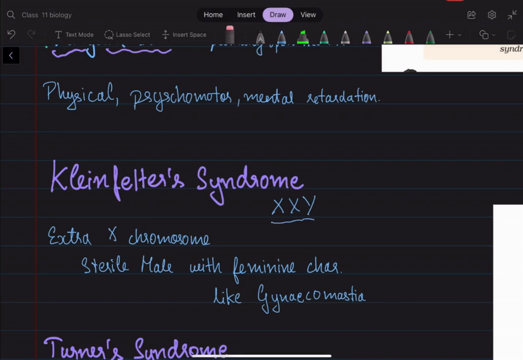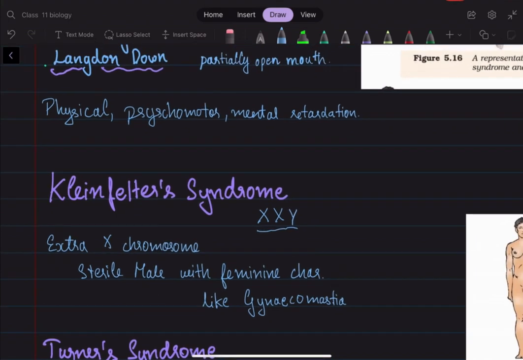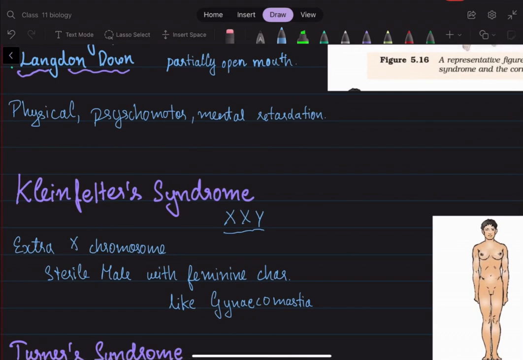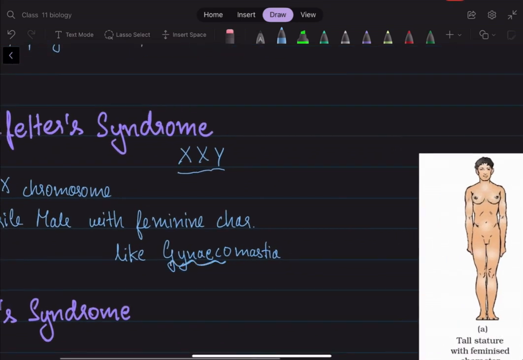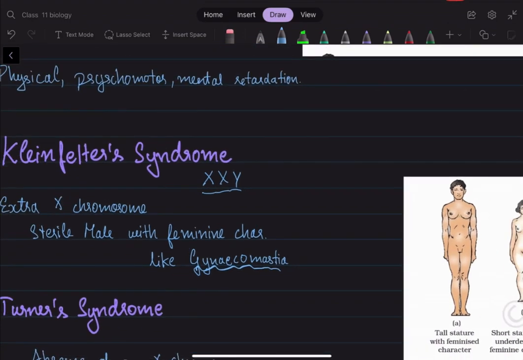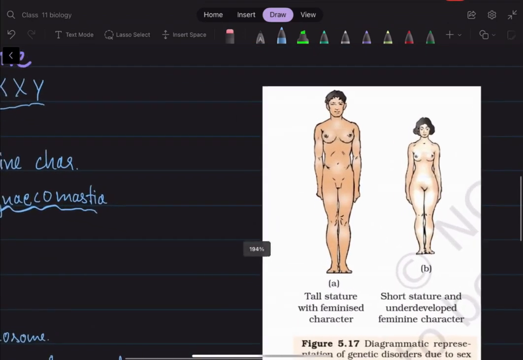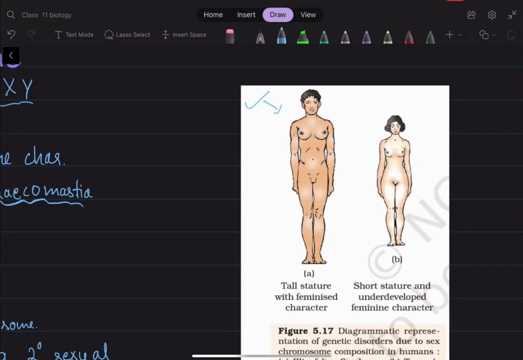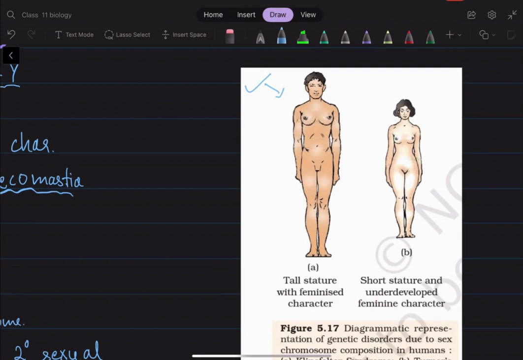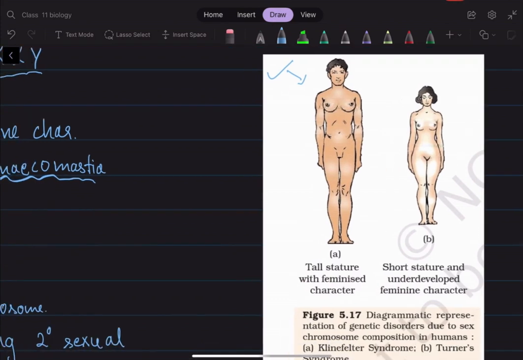This condition leads to the development of a sterile male with overall feminine characters like development of breasts and slightly broadened hips. Gynecomastia is the term for the development of breasts, right? So in this condition, you can see here, this is an overall male personality, but with a few female characters.